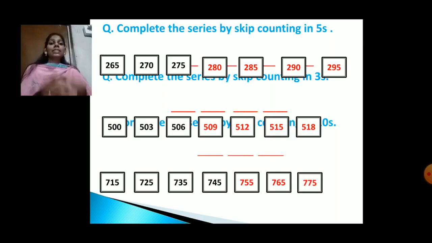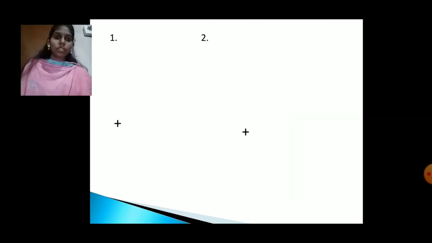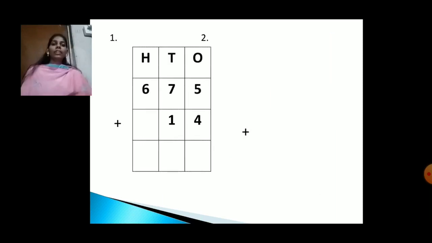It means with skip counting you have to skip the numbers and count. Understood? I hope you remembered this. Now see the next question. In this sum you have to solve this question.